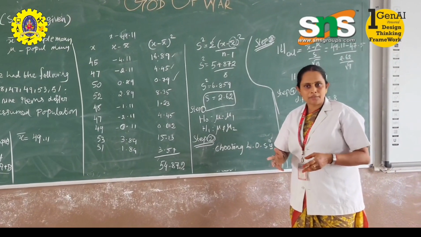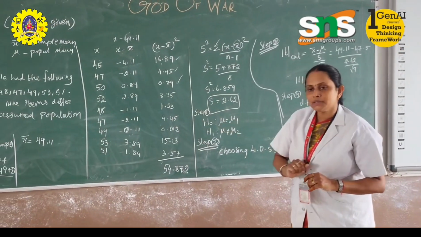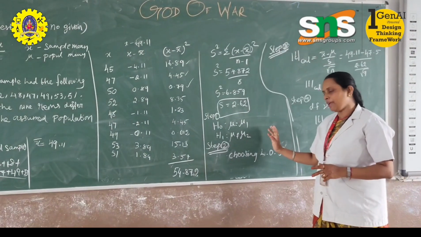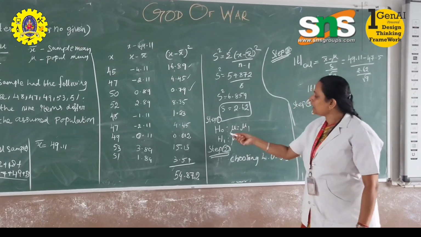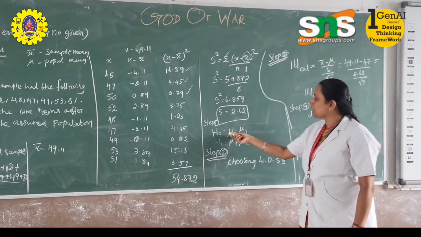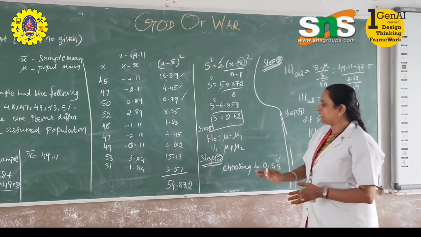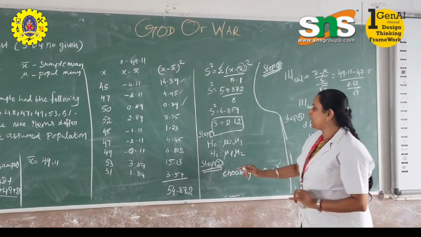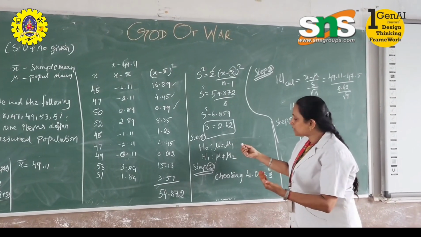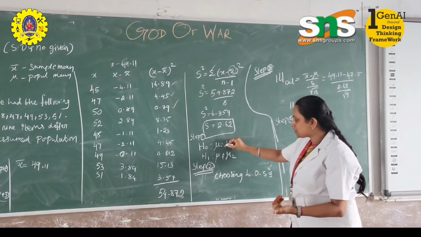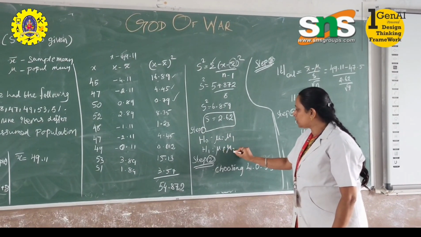The null hypothesis H0 is mu equal to mu1: there is no significant difference between the means. The complementary of H0 is H1, mu not equal to mu1. Since it is not equal, this is a two-tail test.